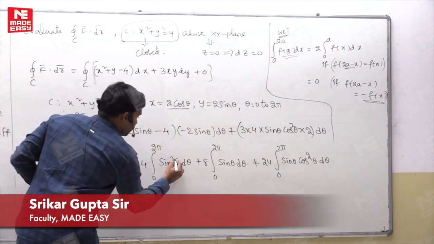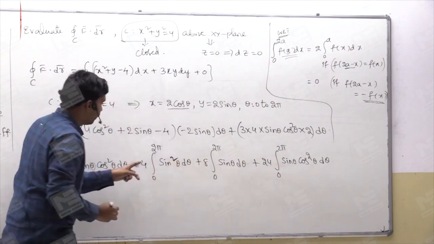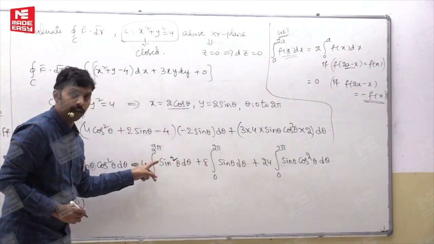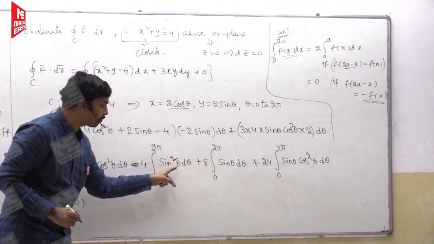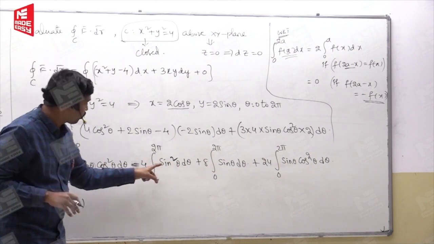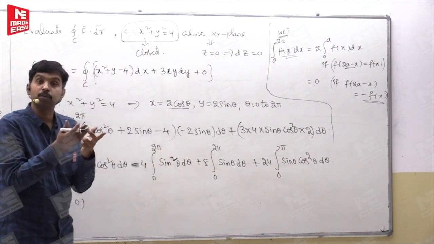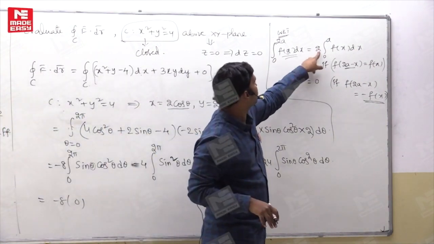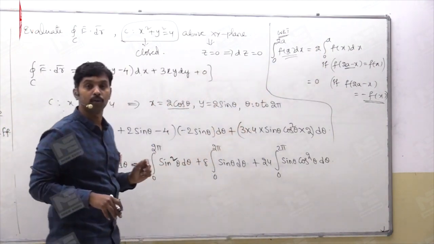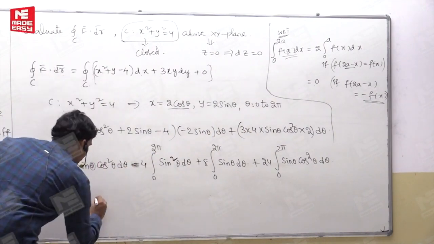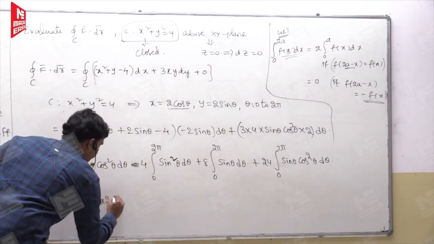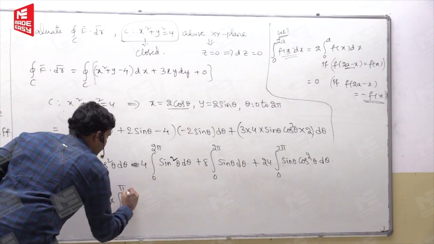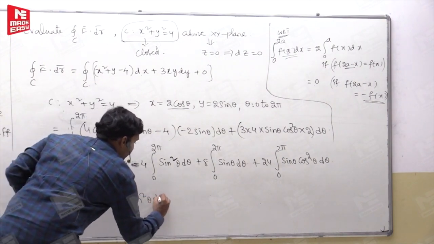And now see that it is 0 to 2 pi. If you replace theta by 2 pi minus theta, it is in fourth quadrant. In fourth quadrant, sine is negative, but whole square makes it positive, so it is as it is. If the function is as it is, it can be written as 2 times of 0 to pi. So it is minus 4, 2 times of 0 to pi sine square theta d theta.